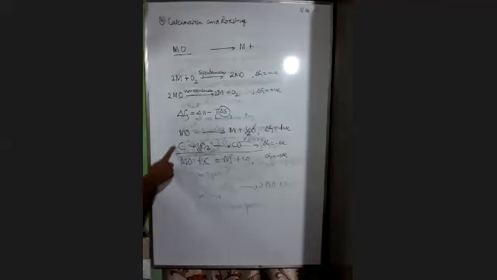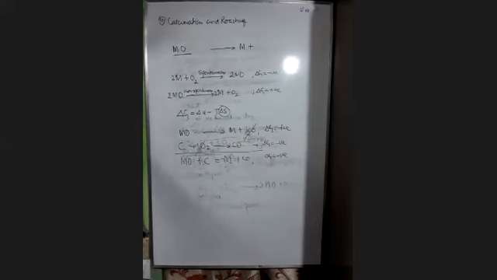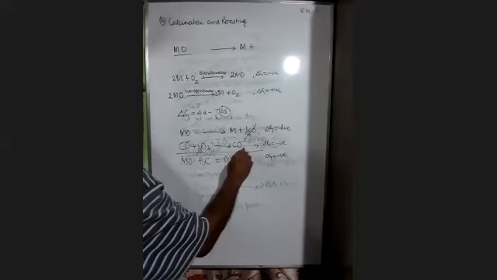But here you will find two graphs. One is for carbon monoxide and the other one is for carbon dioxide. We can use carbon monoxide as a reducing agent. If I use carbon monoxide as a reducing agent, we get carbon dioxide. So both carbon monoxide and carbon dioxide are used as reducing agents.